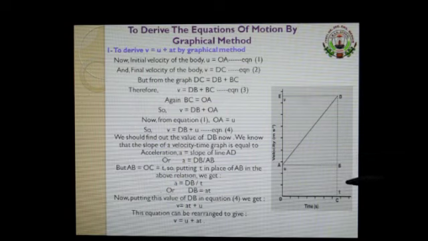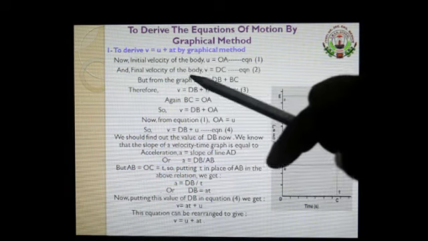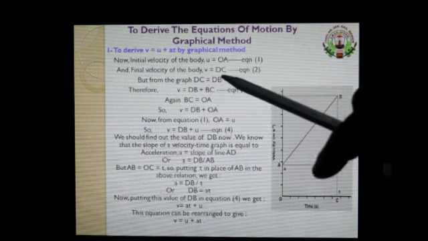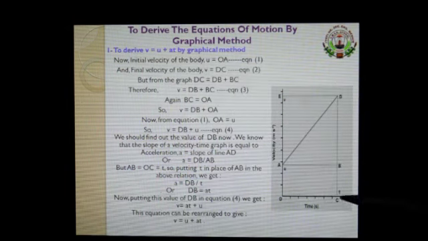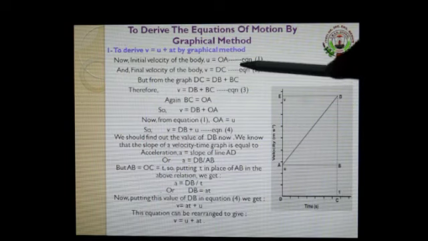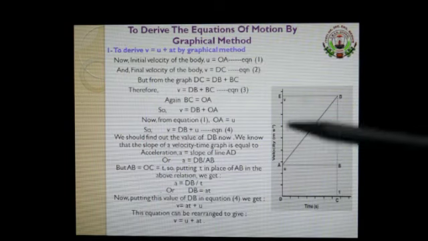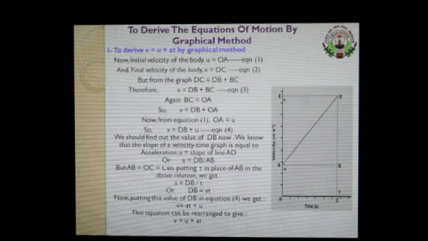Now, the initial velocity of the body, u, is equal to OA. We will take it as equation number 1. And the final velocity of the body, v, is equal to DC. That is equation number 2. But from the graph, DC is equal to DB plus BC.